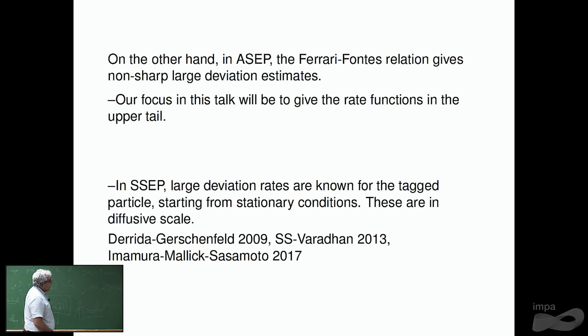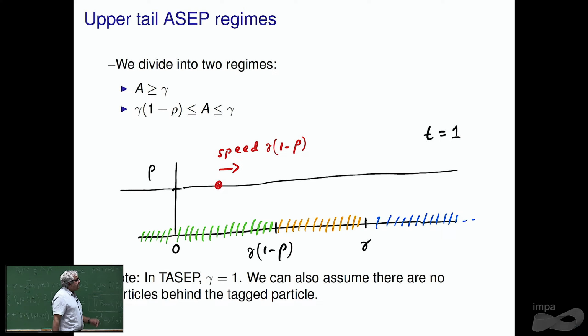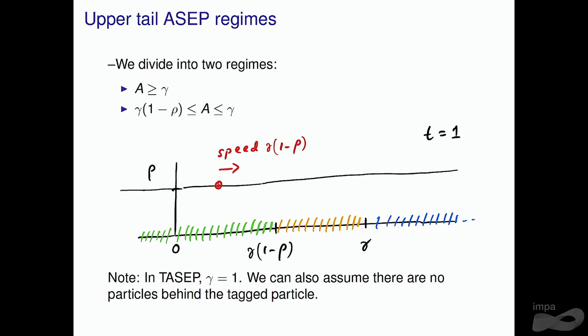Okay, so the same problem in the symmetric case was handled some time ago, so let me not talk about that. Let me start with the upper tail. Upper tail means deviation is more than the mean. So you're displacing here or here, and I just put it into two regions.